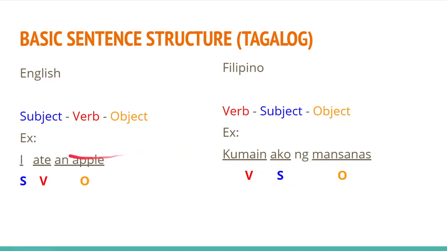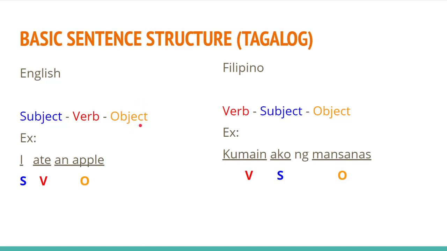In Filipino or Tagalog, subject is paksa, verb is pandiwa, and for object we actually have a lot of definitions. In Filipino translation, first, object is bagay or gamit, like object or things.